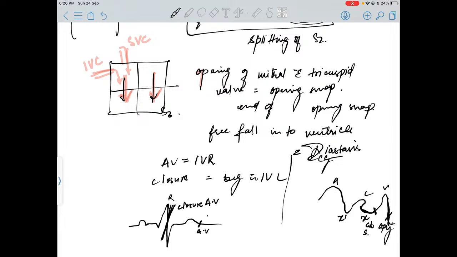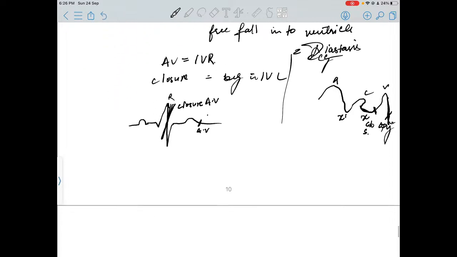And opening of the semilunar valves at the end of IVC, and at the end of the contraction, semilunar valves open. Semilunar valves.